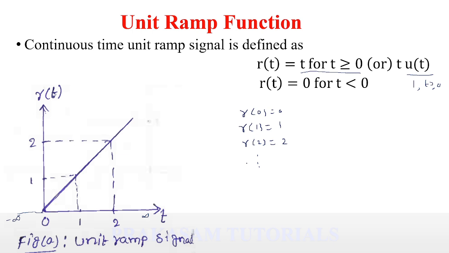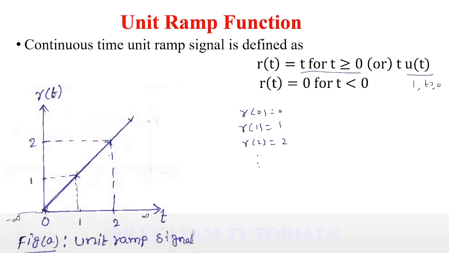Mark the points on the graph sheet. This is the origin: at t equal to 0, the magnitude value of the ramp signal is 0. Next, t equal to 1, r of 1 is 1; t equal to 2, r of 2 is equal to 2; and t equal to 3, r of 3 is equal to 3.